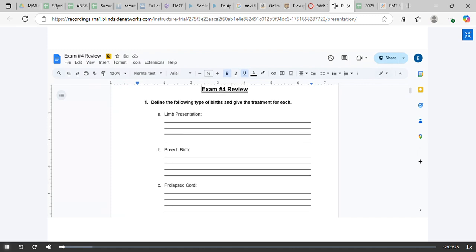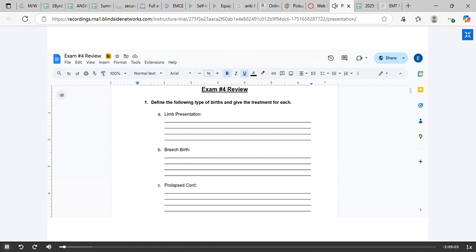So your limb presentation is where you have basically an arm sticking out. When you do a quick look, unfortunately you don't see the head, but you see one arm or one leg sticking out.